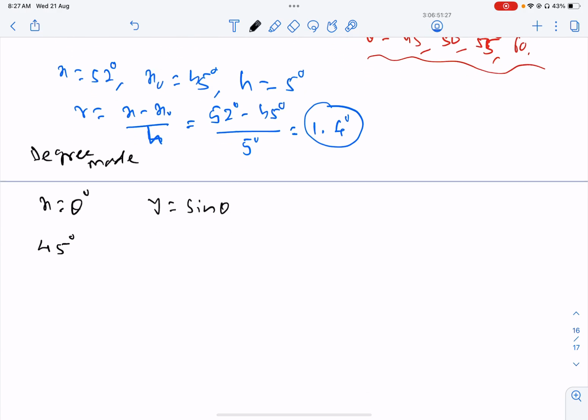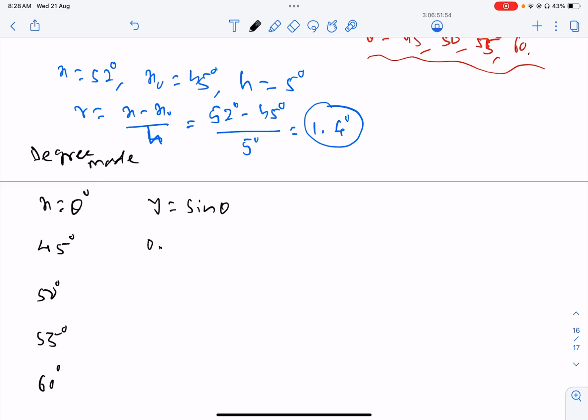It is 45 degree, 50 degree, 55 degree, and 60 degree. Now use the calculator, degree mode, find the sine 45 degree, and if required round off the number also. So when you use the calculator, you can verify here also when you solve this example.